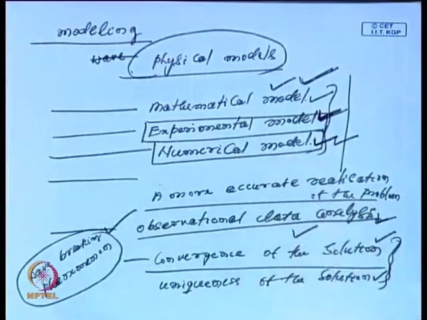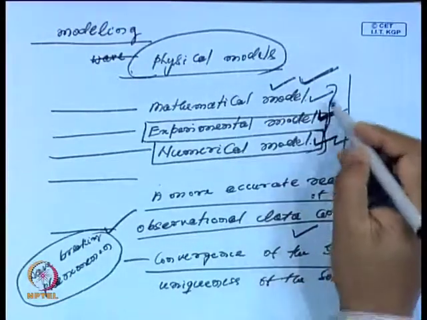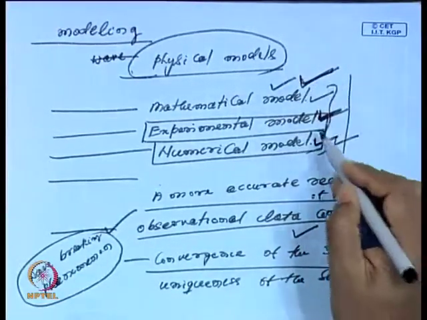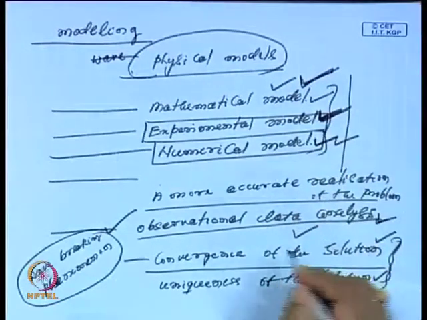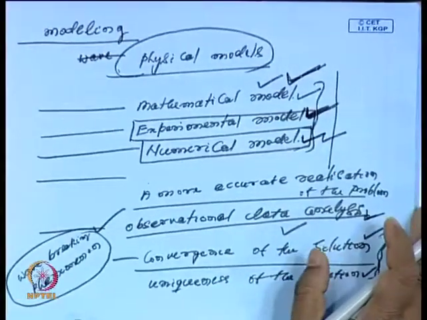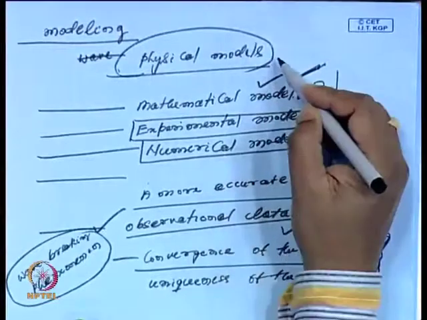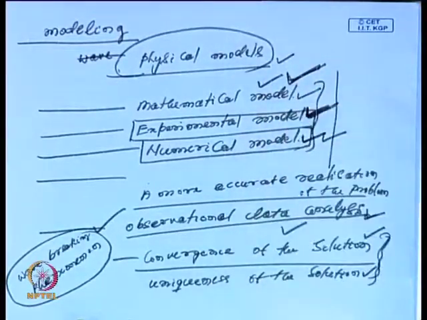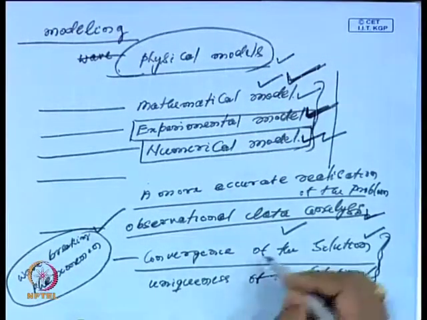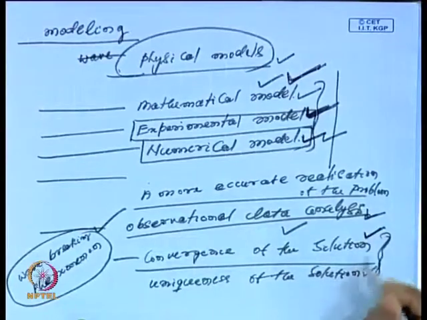All these three or four things together give a more accurate realization of a physical problem. If one has a very good understanding about all these four aspects of the study, then it will be very easy to say whether a model is more accurate or not, because often we are not able to analyze the convergence of the solution for a large number of problems.